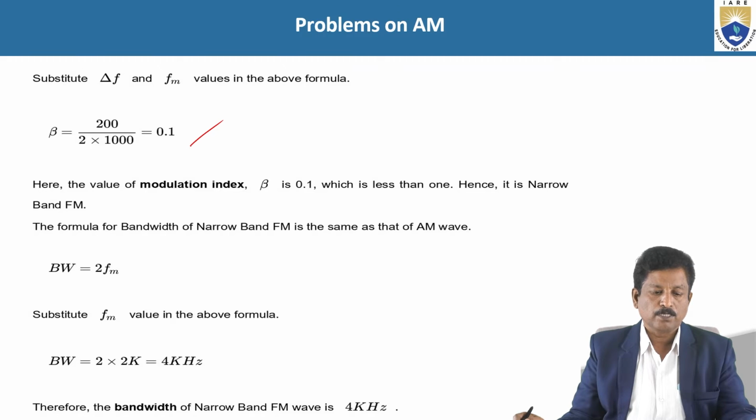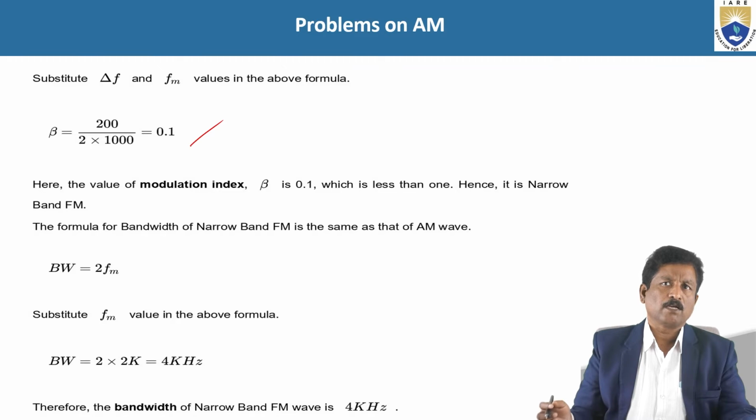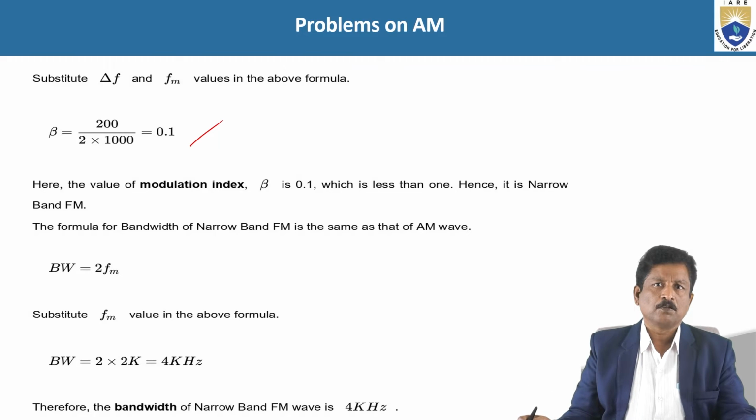So what is the meaning of that? The modulation index beta of the FM is 0.1, which is less than 1, hence it is narrowband. You can define FM into two categories based on the modulation index. If beta is less than unity, it is narrowband frequency modulation.